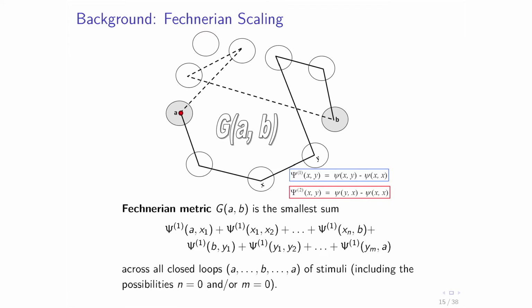So the infimum, or in this case just the smallest of all possible values. So this is the definition of the Fechnerian metric, the distance from A to B as the infimum, just as I mentioned before.